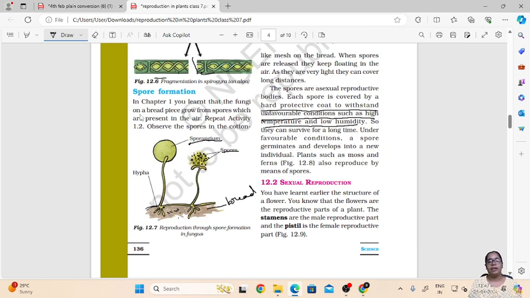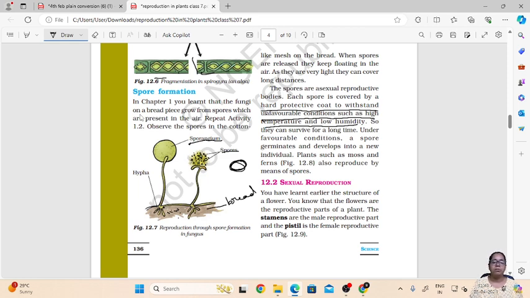Spores are basically spherical bodies, and they consist of a hard covering which can withstand unfavorable conditions, so that their survival rate increases.